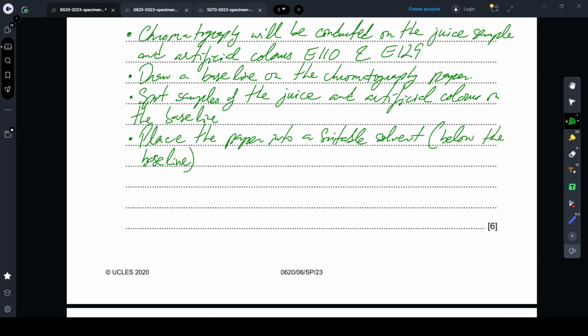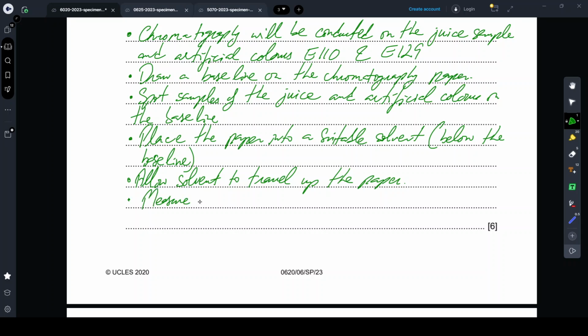Then allow the solvent to travel up the paper. Then measure the distance traveled by the colors and the orange drink. So there are different dyes at different speeds, obviously.